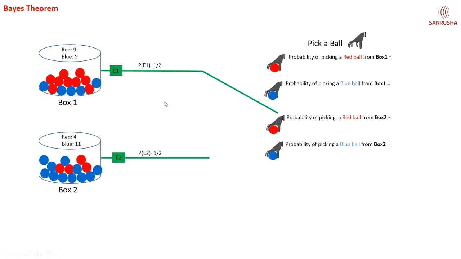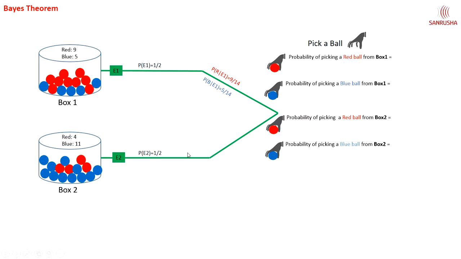Let's move on. What is the probability of picking a red ball from box 1? There are 9 red balls and there are 14 total balls. So the probability of you picking a red ball from box 1 is 9 by 14. Likewise, the probability of you picking a blue ball from box 1 is 5 by 14.